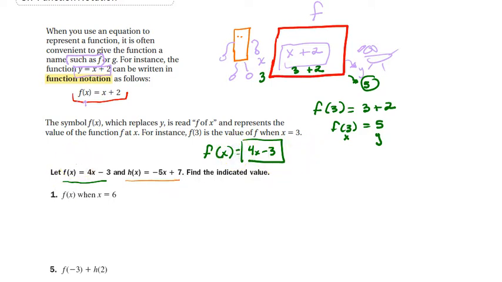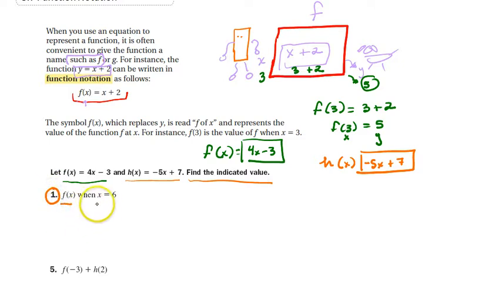The h function is different. When I put x in, and the x goes into the machine, I'm going to multiply by negative 5 and add 7. So let's find the indicated value for each of these. Question 1.